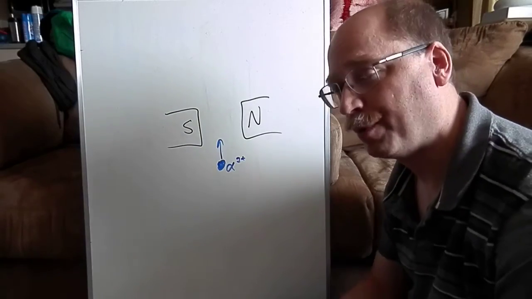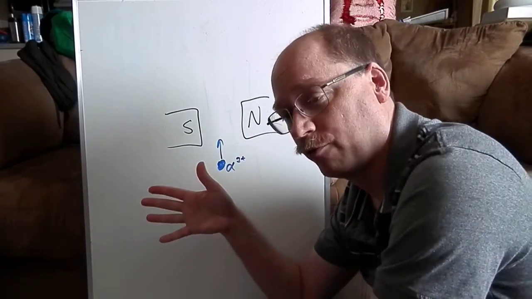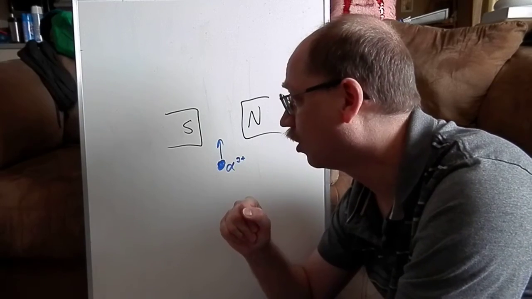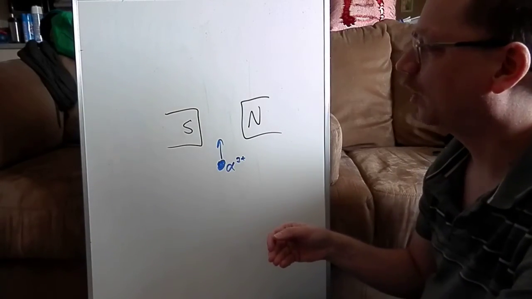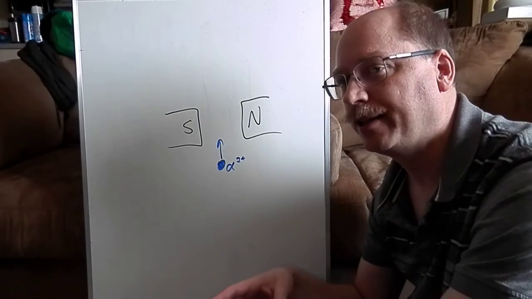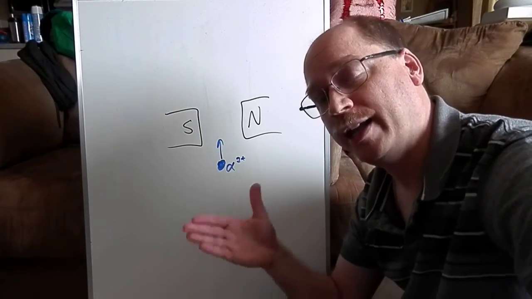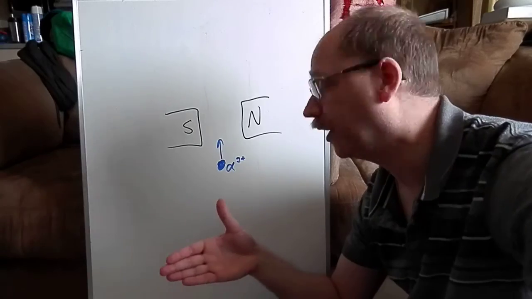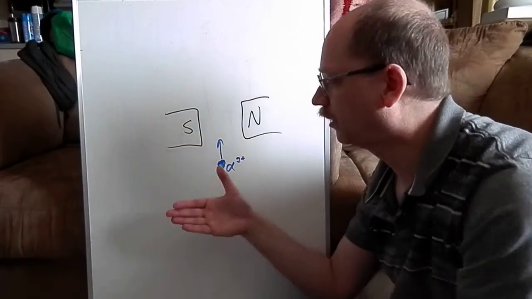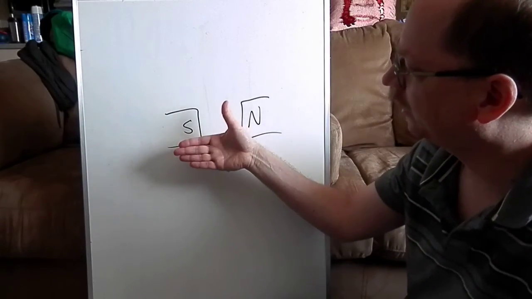Now, since it's an alpha particle, I'm going to switch to using my right hand because that's going to work for this. And in this one, all the parts basically stay the same. It's just that instead of your thumb being direction of current, it's direction of charge that's moving. Alpha particle, positive charge, moving up like that.